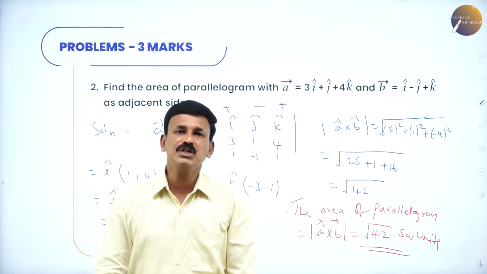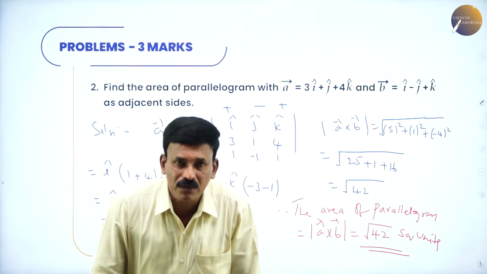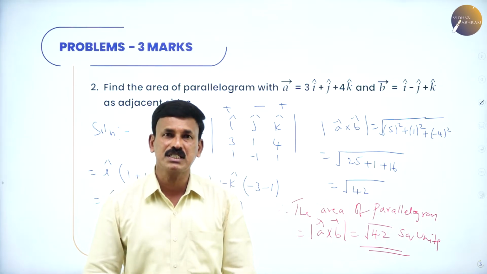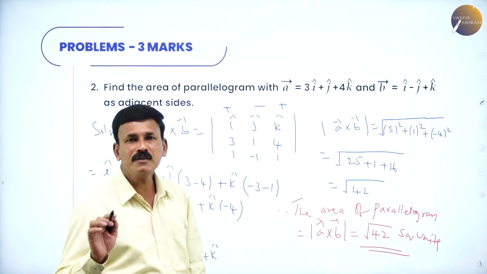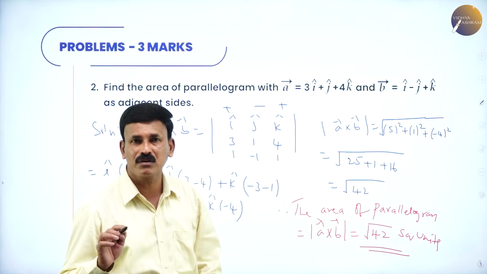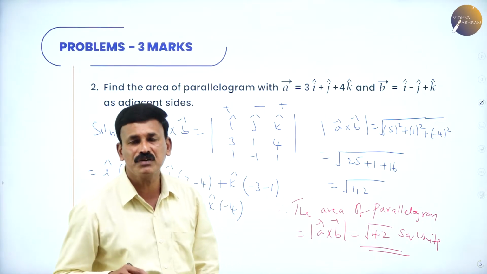If D1 and D2 are the diagonals of a parallelogram, then the area of the parallelogram is given by half into the length of D1 cross D2.